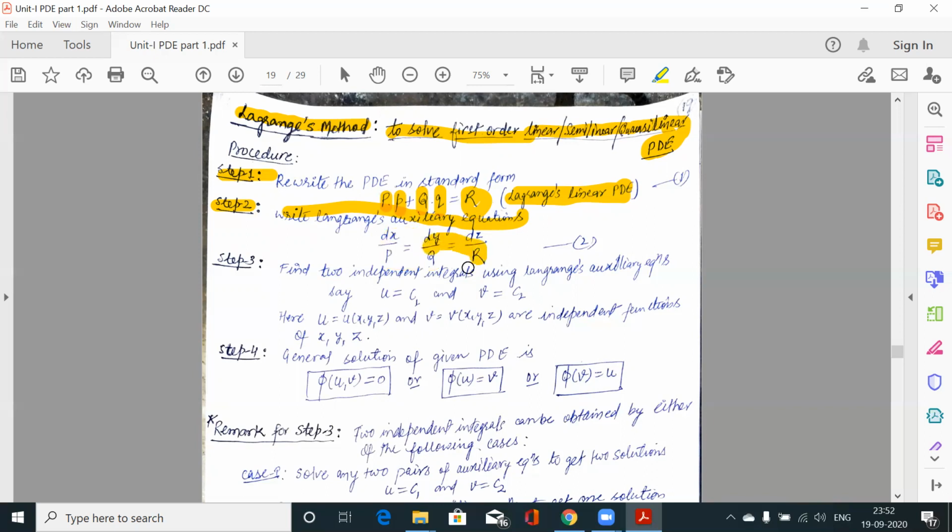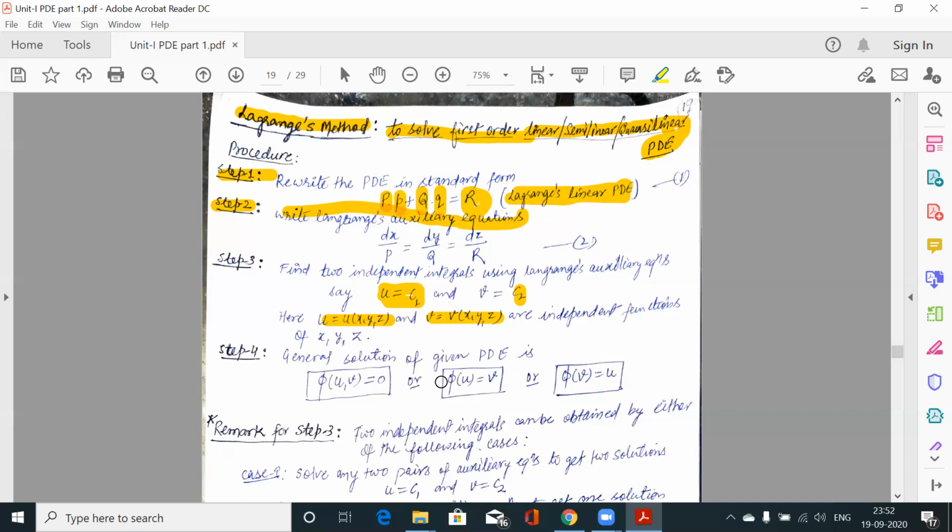And suppose we are using these two fractions, and after integration we will get one integration constant, that is suppose c2. So we need to get two integrations. Suppose one is c1 and second is c2, and all the other things we will shift to the other side. So u may be any function of x, y, z, v may be any function of x, y, z. These are independent functions. So these are values of c1 and c2. So this is our third step.